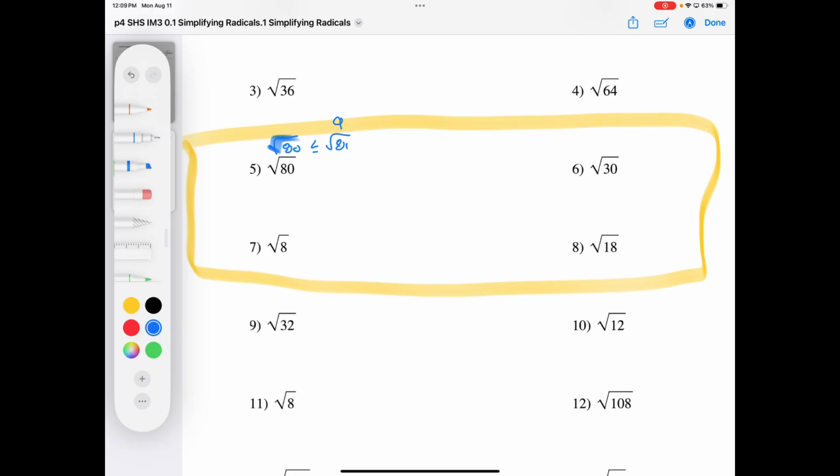But what we're going to do here is simplify this using factors. Factors are by multiplication. So I'm going to come up with all of the numbers that multiply to be 80. I don't know how many there are. And I'm going to try to find the largest perfect square. So for example, 80 times 1. 2 times what?